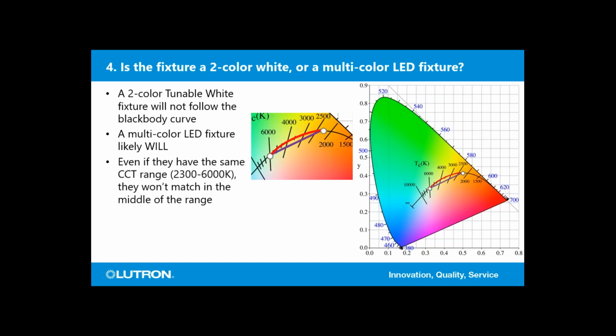But if you mix these two fixtures in the space, even if they have the same CCT range, which they both do in this example, right? Their starting and ending dots are in the same spot. In the middle of the range, they won't match because one of them will be on the black body curve and one of them will not be. So you'll have this mismatch in the middle of the range. They will look different in the space.